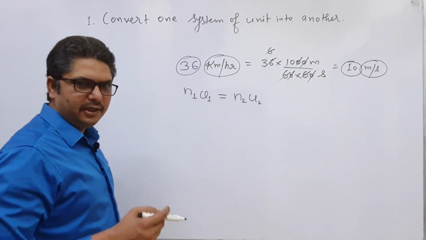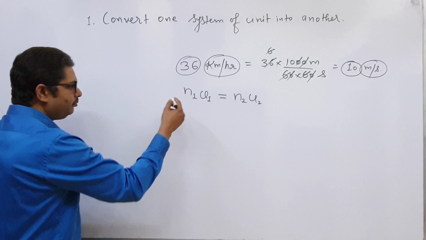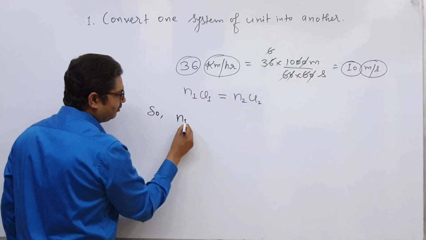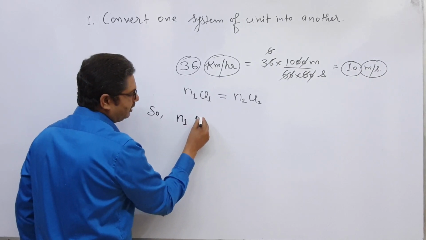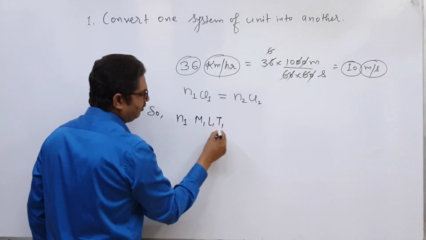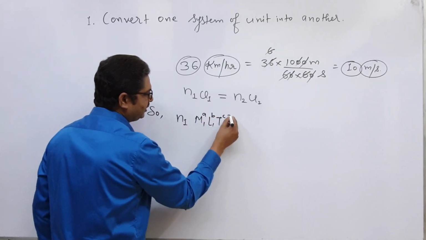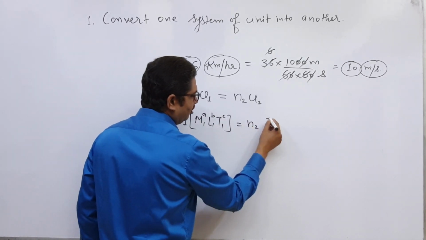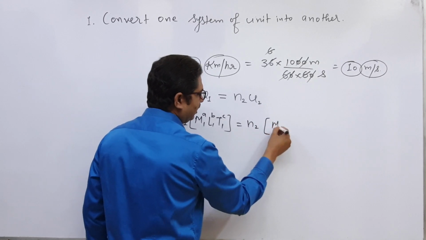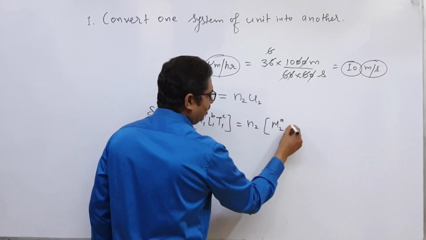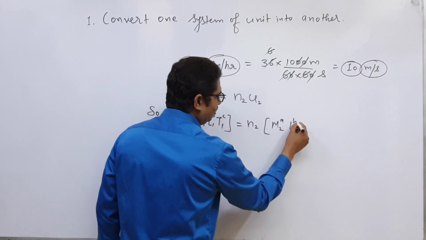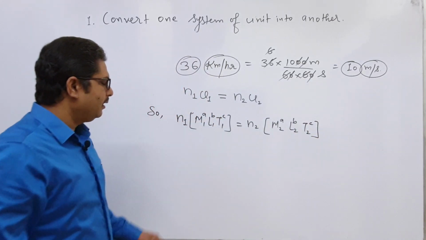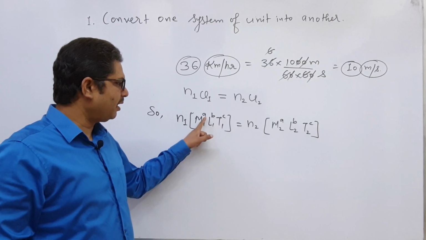Now let us write it in dimension. In dimension, N1 U1 means N1 times M1, L1, T1 with powers A, B and C. And here it is N2, and U2 means M2, L2 and T2. We know that the dimension power does not change.